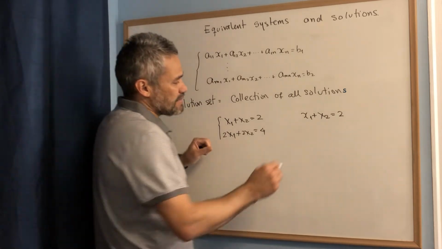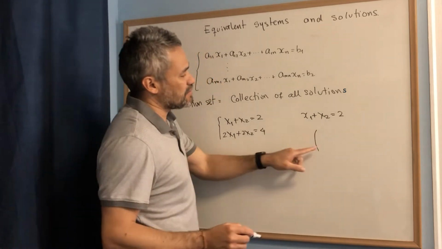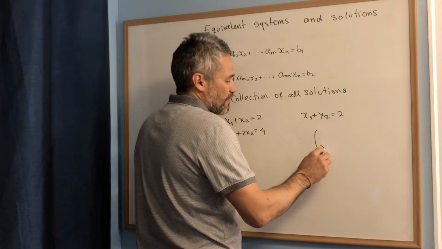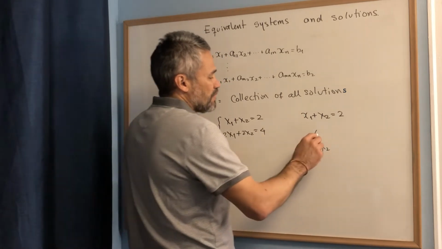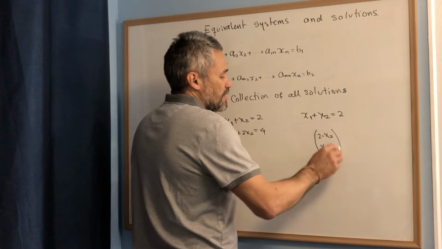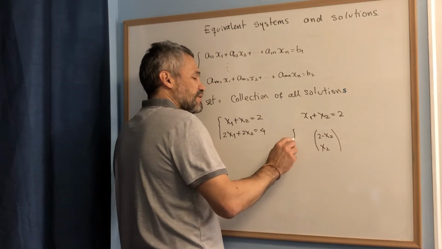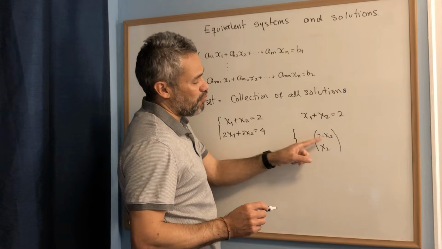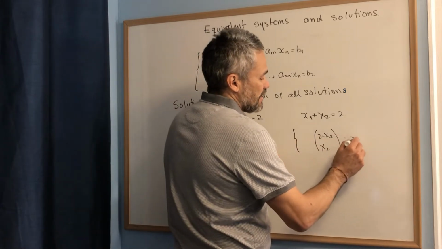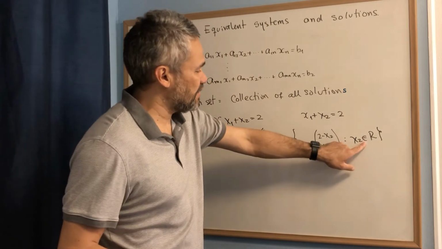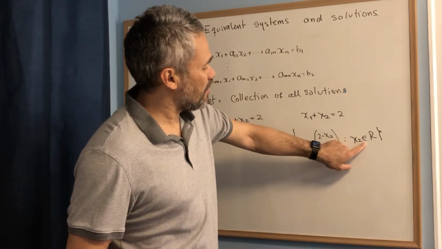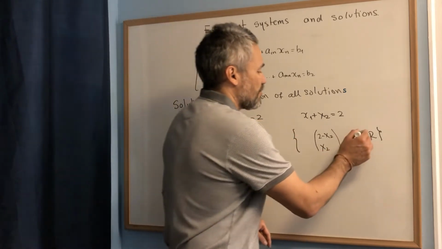And then we can say that here x2 can be anything, and then I will write just x2, and x1 is supposed to be 2 minus x2. Then we're going to describe the solution set as the set of points of this form such that x2 is a real number. Remember, this symbol means belongs to or is an element of, and these are the real numbers.